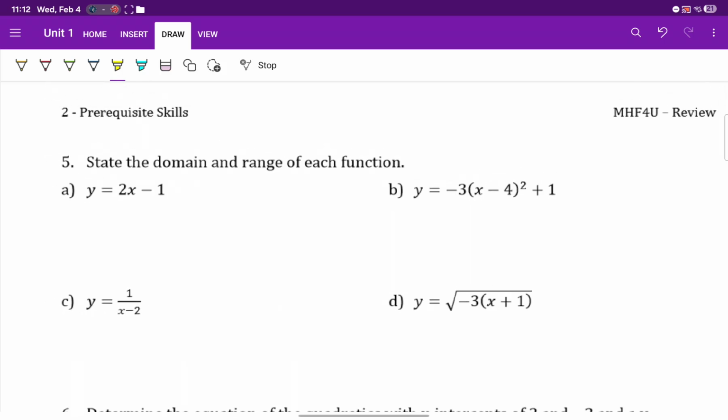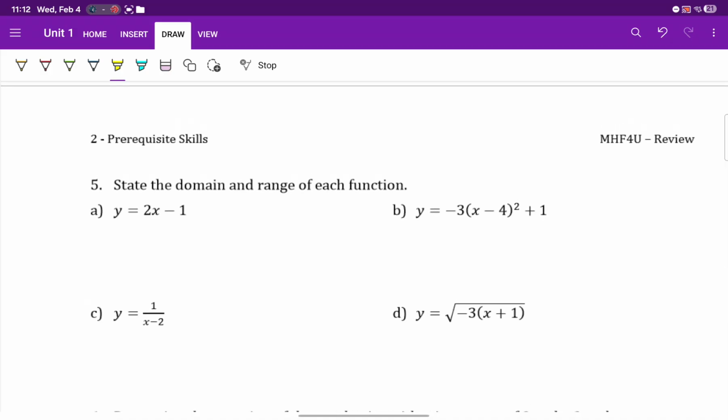It's really important here that you remember your a, k, c, and d values.